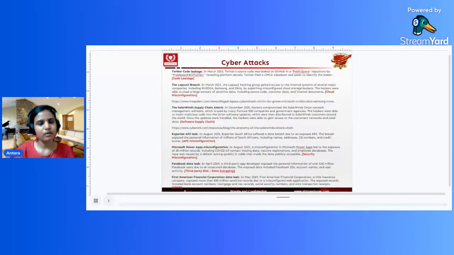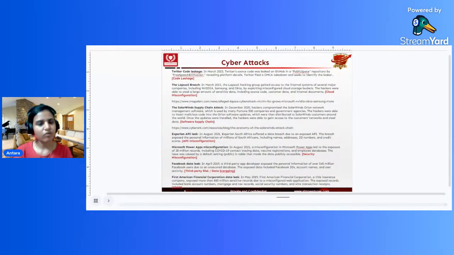And then there is another one, the Experian API leak. One API was found on the internet without any security controls over it. So any basic user with no authentication, no authorization was able to access that particular API.